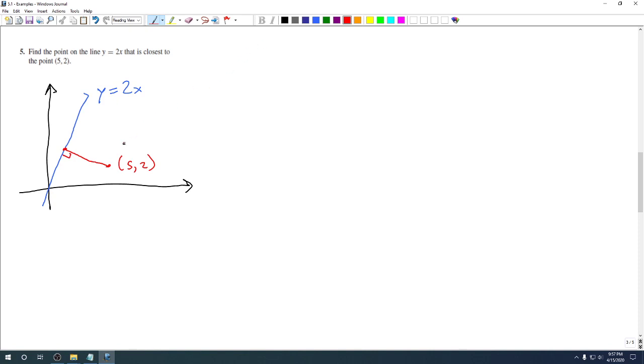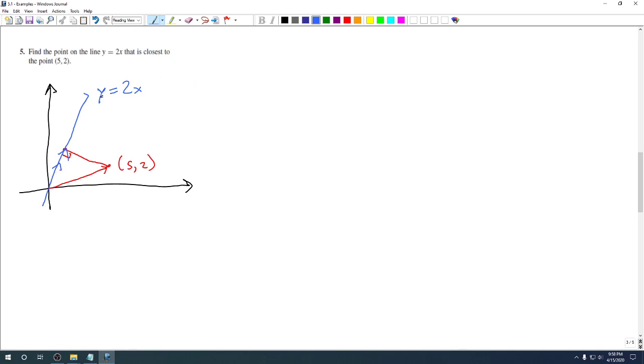And we're going to use vectors to do that. We're going to think about this point here as actually being the vector 5, 2. And we're going to try to find a vector along our line that we can project onto. So if we can find a vector on here, then the projection of the vector 5, 2 onto that vector should be the correct vector and give us the correct point here.